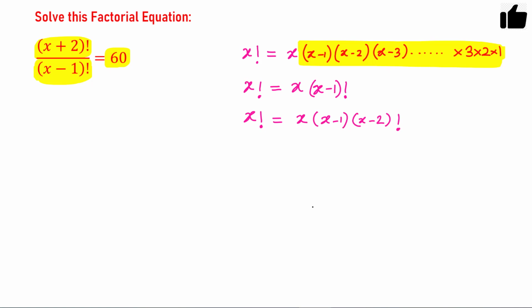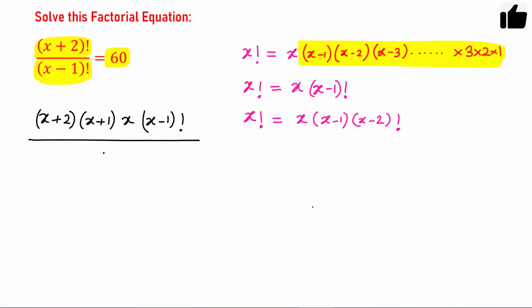So I can write the numerator, that is x plus 2 factorial, as x plus 2 times x plus 1 times x, and then x minus 1 factorial, and in the denominator you have x minus 1 factorial, and this equals 60. So what is the advantage of doing all this?